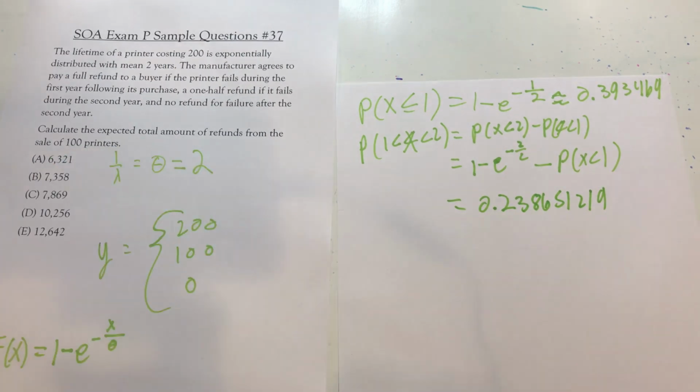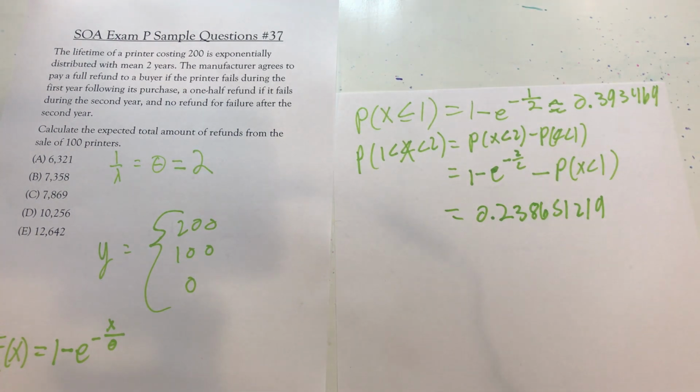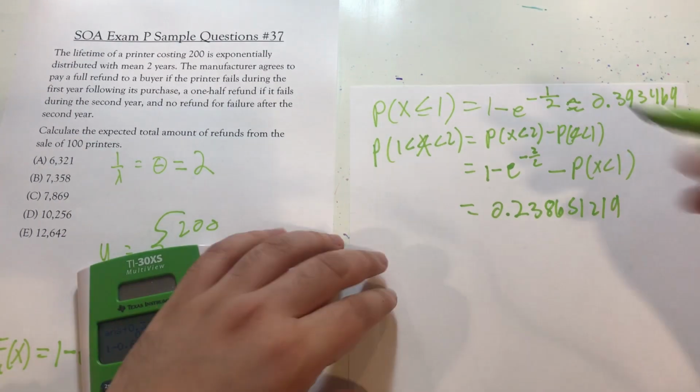Because we want the probability of a 0 refund, meaning after 2 years, we add these two values together and subtract from 1.